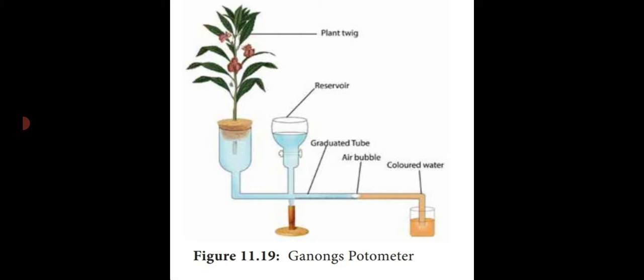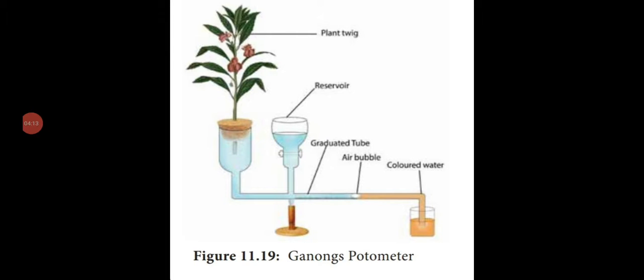The entire apparatus is filled with water. The downward tube is dipped into a beaker containing water, and the horizontal tube has the capillary measurement, and it also has a reservoir. A reservoir is a water-storing container.